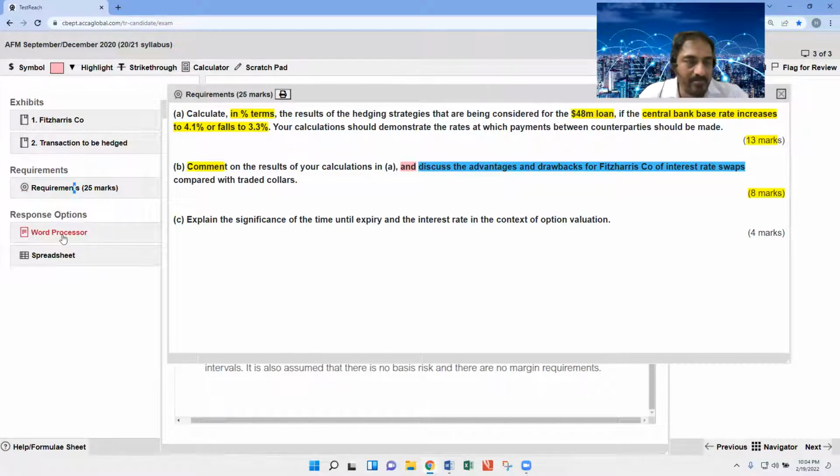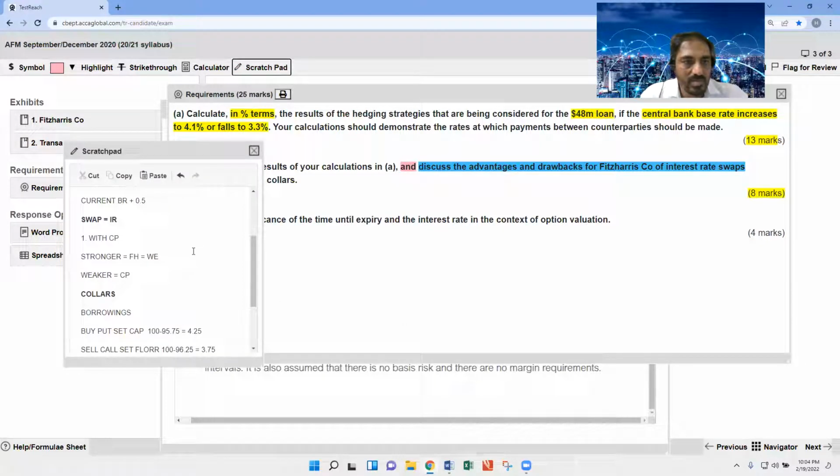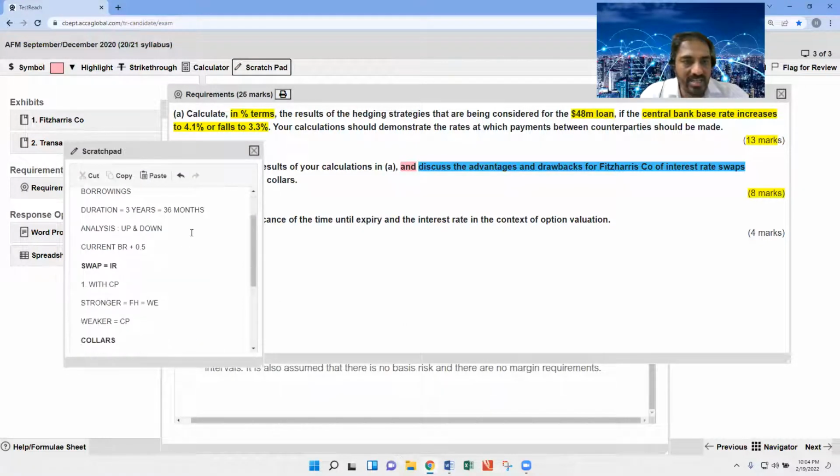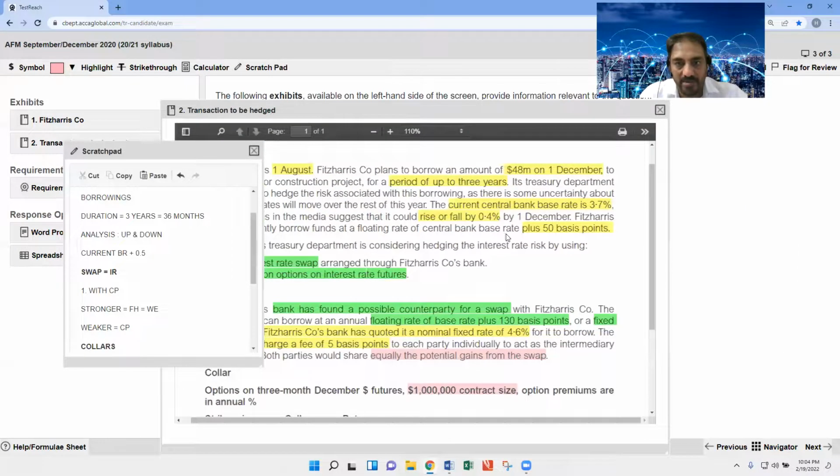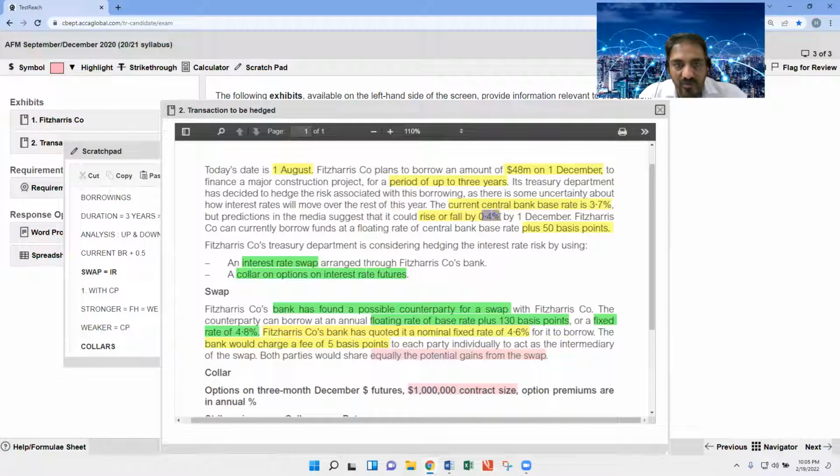It's very simple. In our analysis, up and down. What is the current spot rate? 3.7. The spot rate is now 3.7 and rises by 0.4.